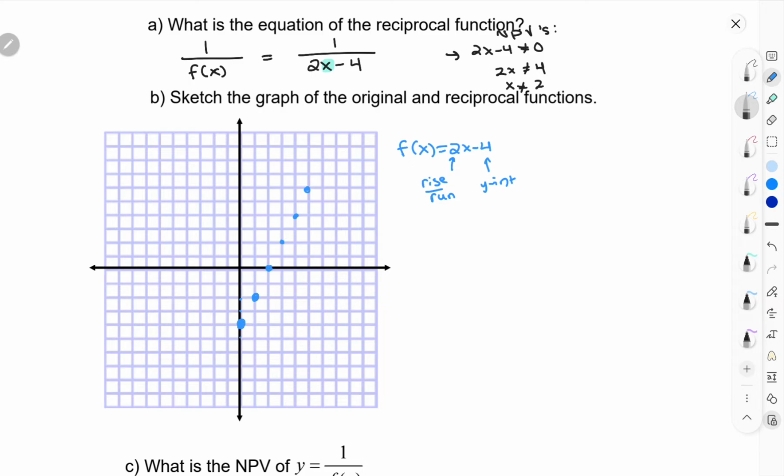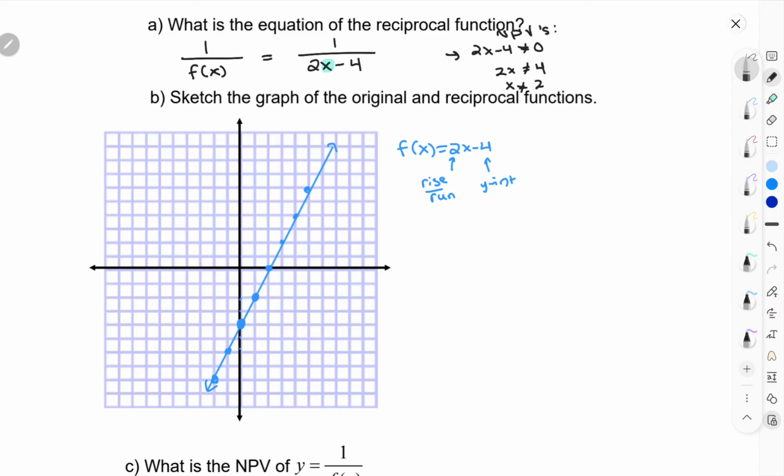Or I could go backwards: if I go 2 units down, as long as I counteract that and go 1 unit left, that's another point on my graph. So all of these points would be points on the line of y equals 2x minus 4, or f of x equals 2x minus 4.